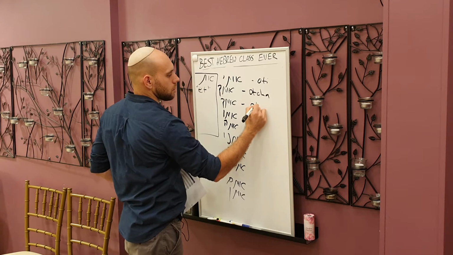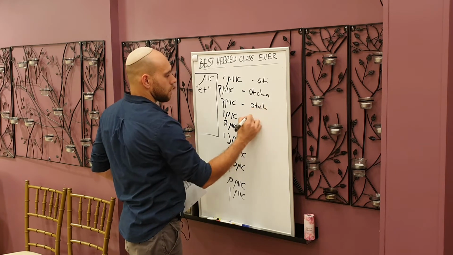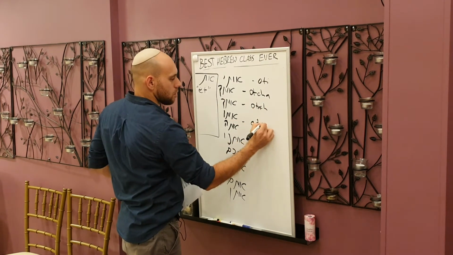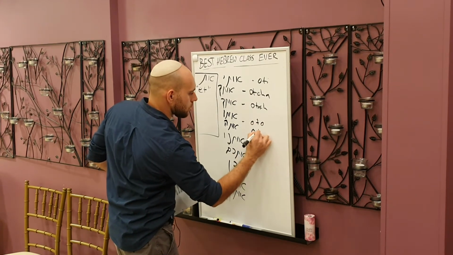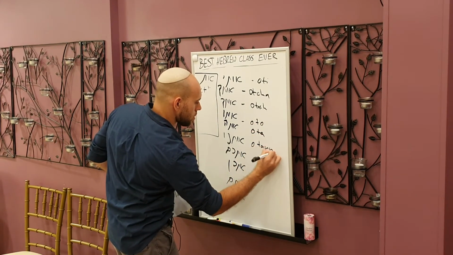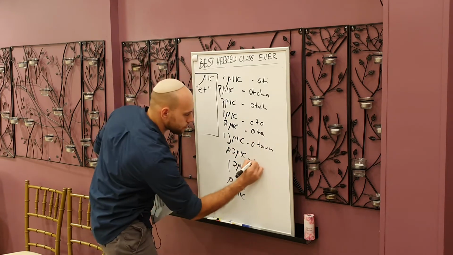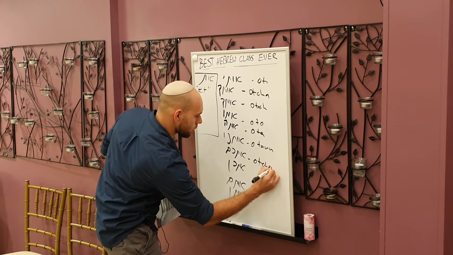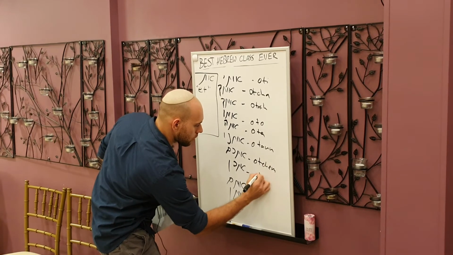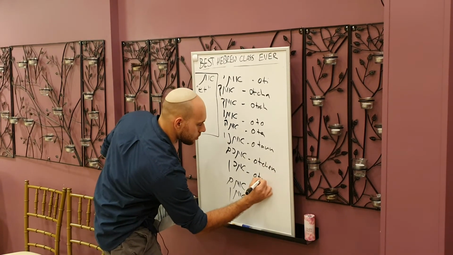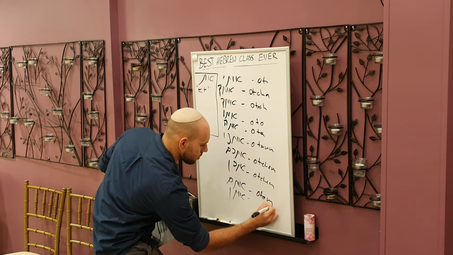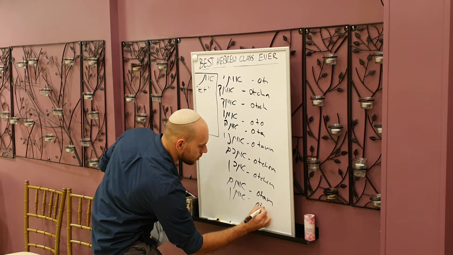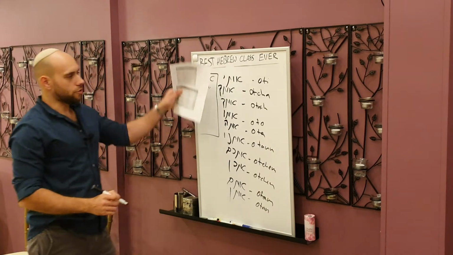Otcha, otach, oto, ota, otanu, otchem, or etchem, etchen, and otam, and otan. Okay, so those are the forms.